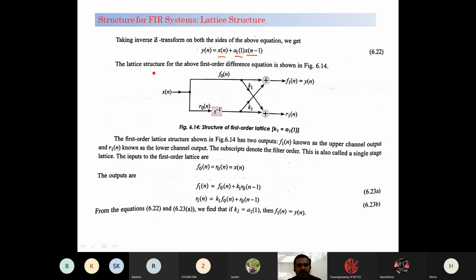So the lattice structure for the above first order difference equation is given by this diagram. This is a first order lattice structure.